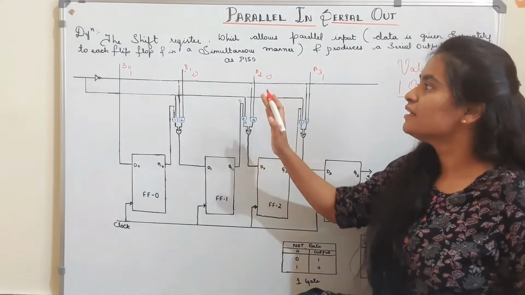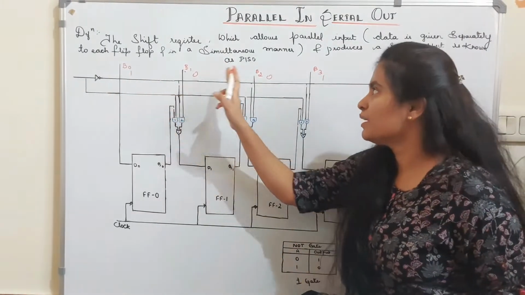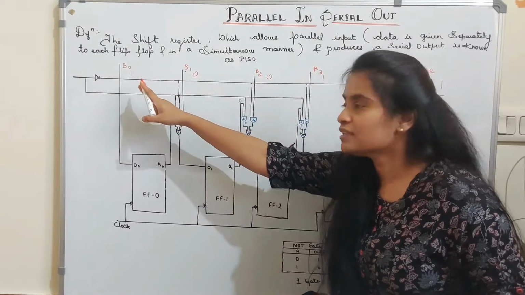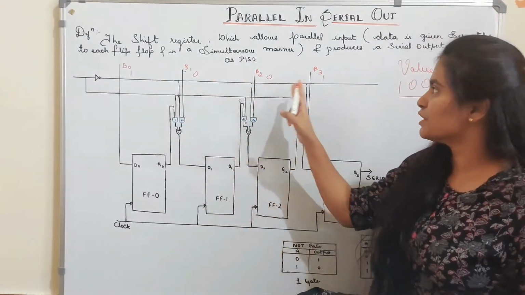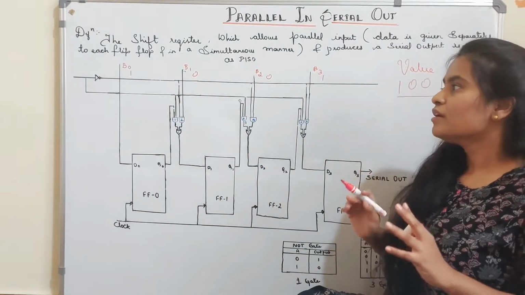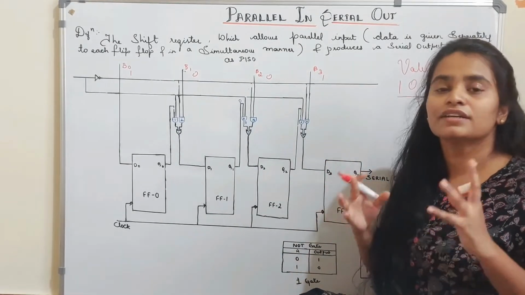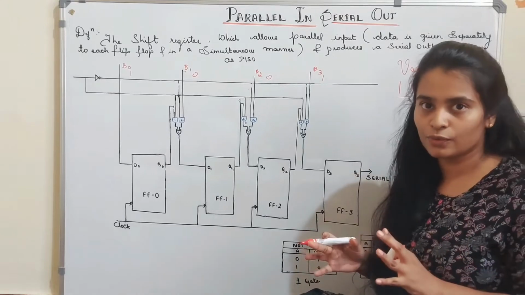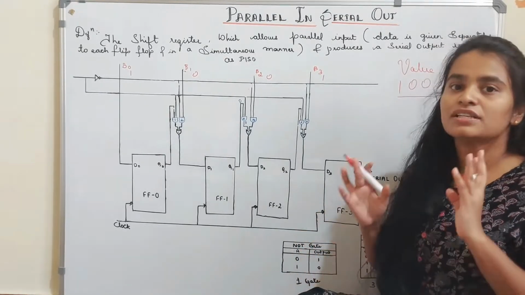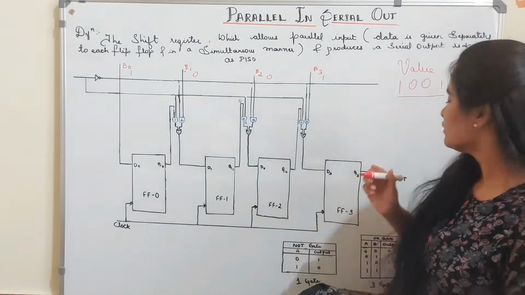In the place of B0, B1, B2, B3, I am placing the values 1, 0, 0, 1. Now, for the circuit to work, I have to give a value on the control line. The control line works on a high and a low value, that is 0 and 1. High is 1 and low is 0.